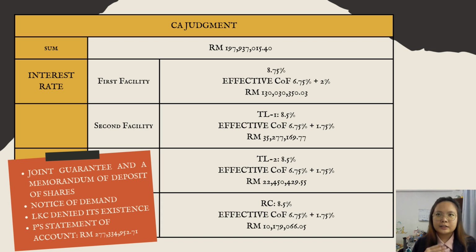The Court of Appeal judgment was obtained against the borrower and LKC jointly and severally, with specific amounts and interest rates for different facilities, as stated in the table in the slide. Despite the clear record of the judgment against LKC, the deponent for Defendant 1's affidavit denied its existence. The plaintiff's statement of account outlines the outstanding sum.